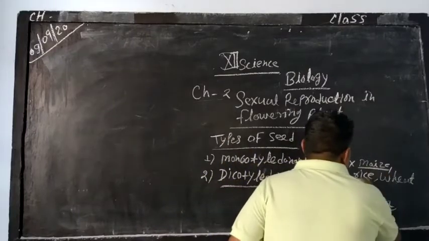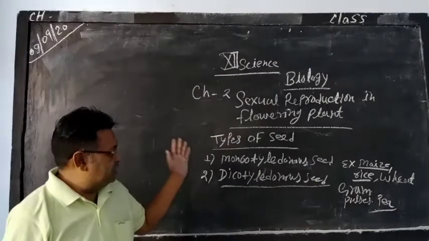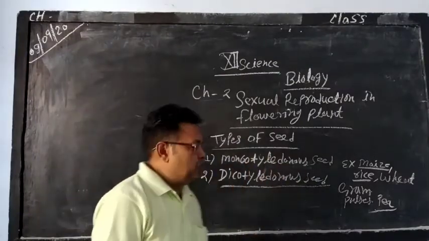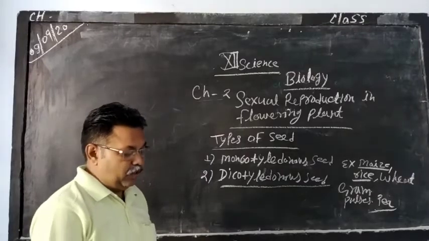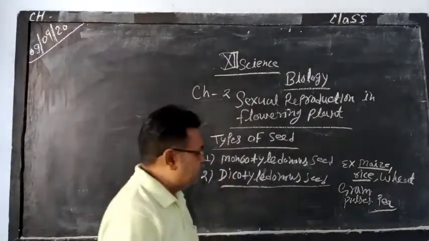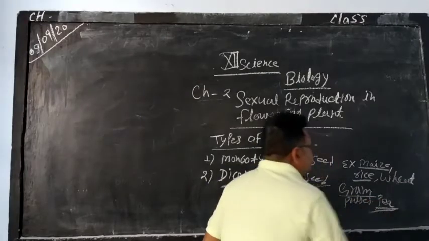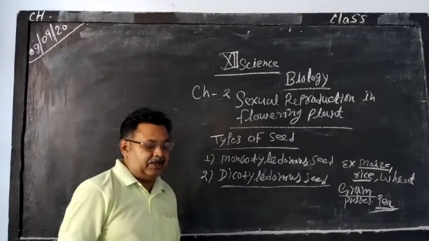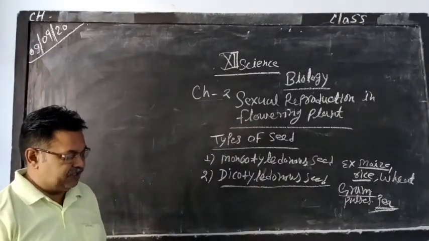Maize and rice are examples of seeds which contain endosperm. Next one is non-endospermic seed. Non-endospermic seed means it does not contain endosperm, and examples of this type of seeds are gram and pea, which do not contain endosperm in them. So these are the types of seed.